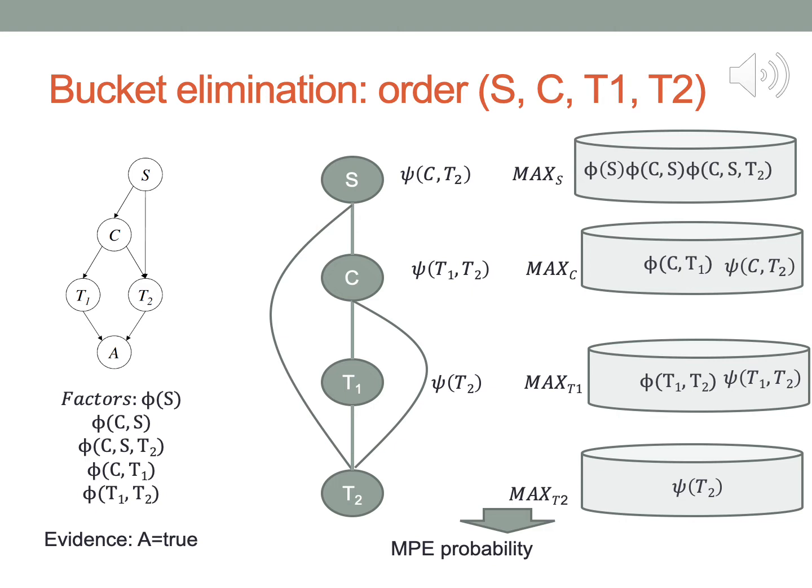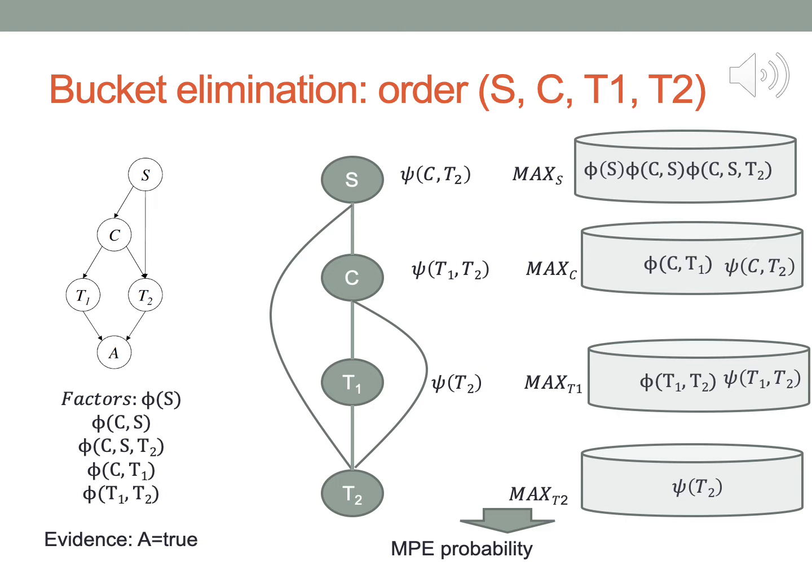For example, we put the function defined over C, S and T2 in the bucket of S. Why do we do that? Because S is the first variable in the function along the order. Similarly, if you consider the function which is defined over C and T1, we put that function in the bucket of C because C occurs before T1 in the order that is given to us.